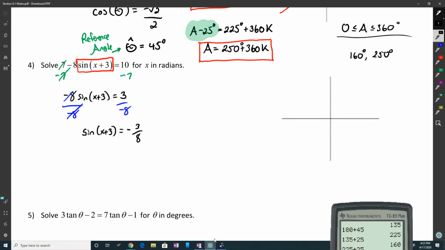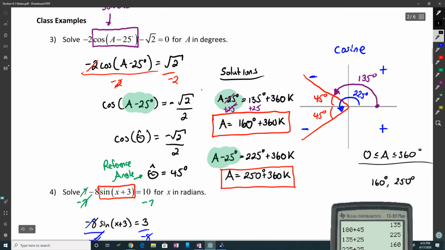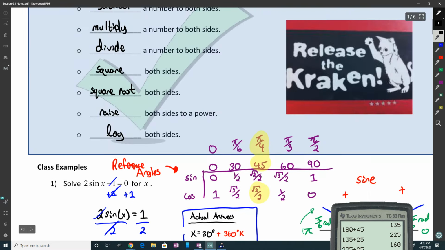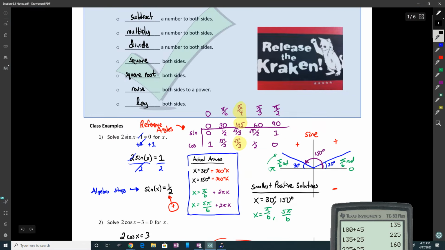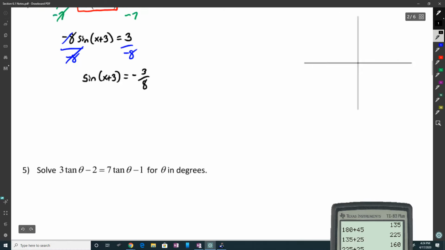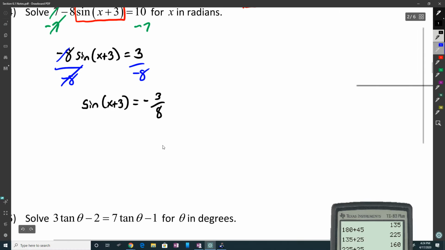All right? Now this isn't a special answer like the other two were. If I go to my table, negative 3/8 isn't there. So if it's not an answer we're used to seeing, for now I'm going to pretend that x plus 3 is just an angle.